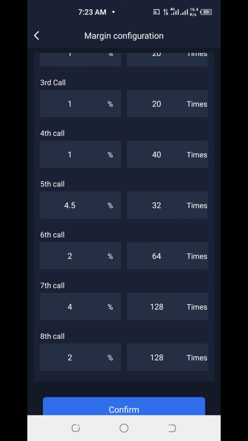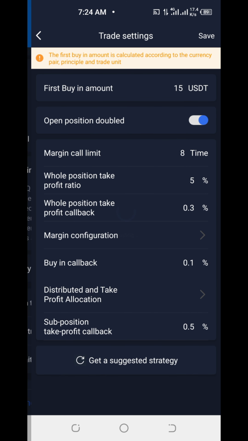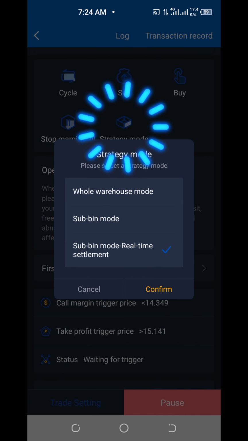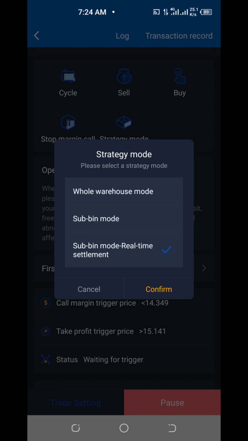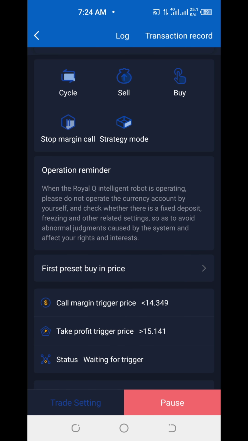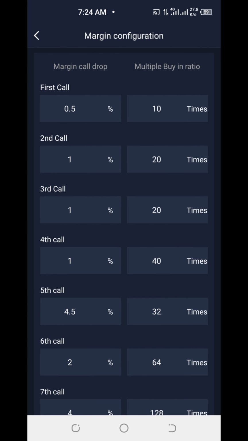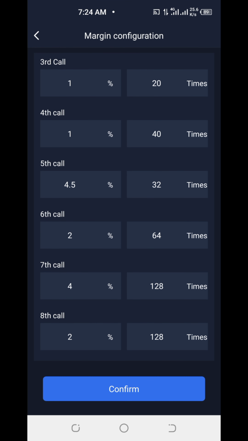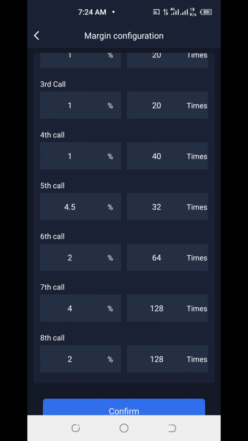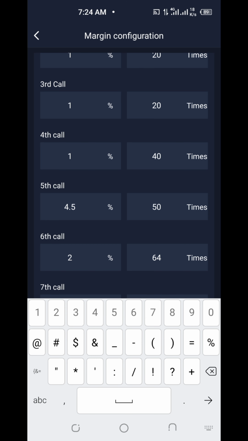Now the beautiful part about this, there are 2 ways to use the 5th margin. The first way is to use it on the sub-bin mode. Let me save this first. You use it on sub-bin mode, real-time settlement. What does this do? It takes all the trades between the 5th call and the 8th call. It takes them as individual trades, meaning that, okay, let me just put values here. Say 40, 50.